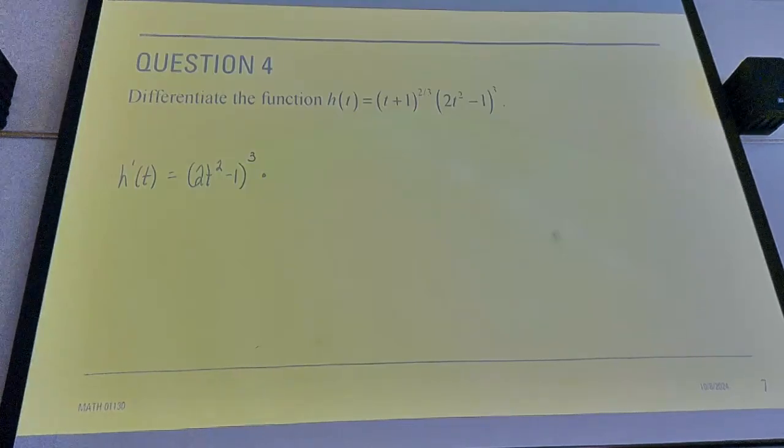Times now the derivative of the first function. So now look at that first function. What kind of function is it? Which is more broadly known as what kind of function?